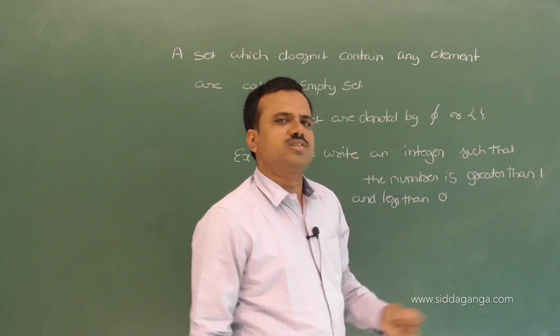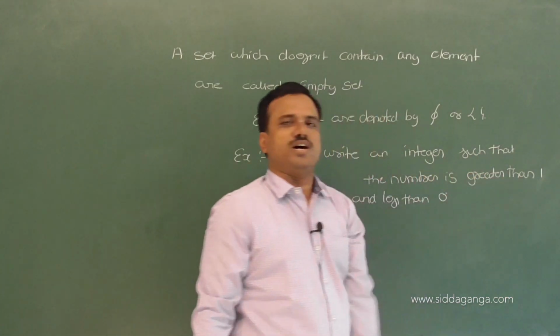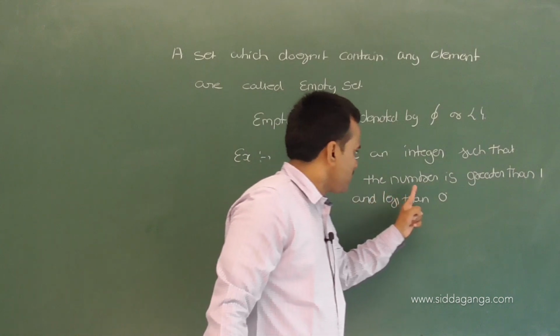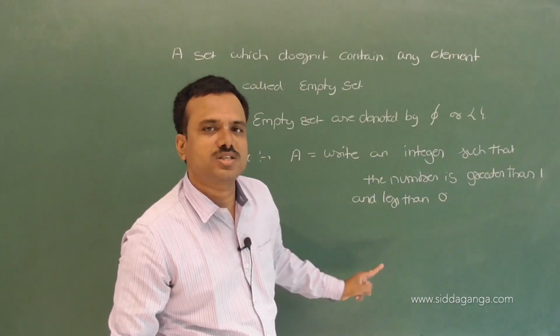Write an integer; this is another example. Okay? Write an integer such that the number is greater than 1, less than 0.